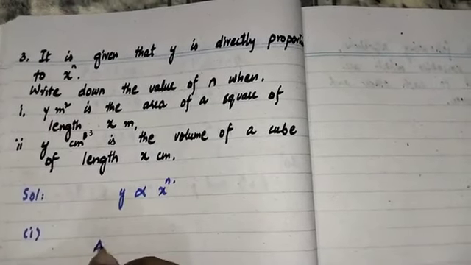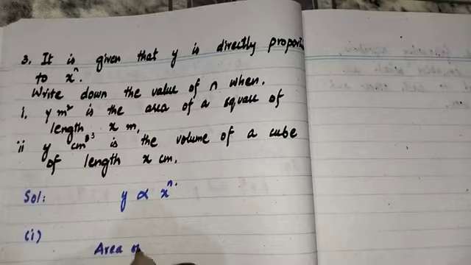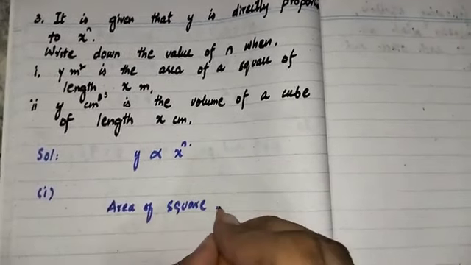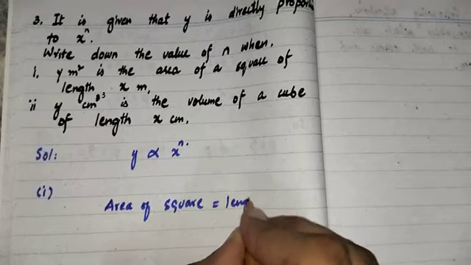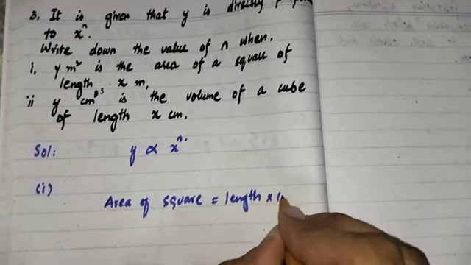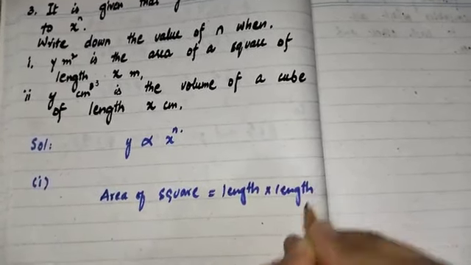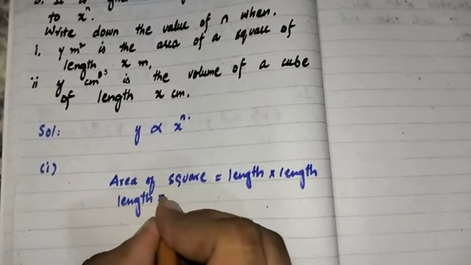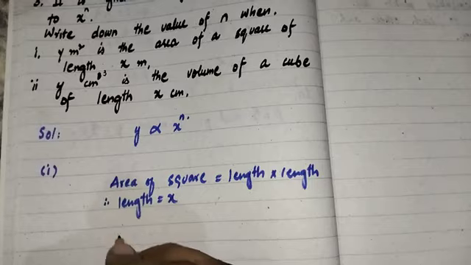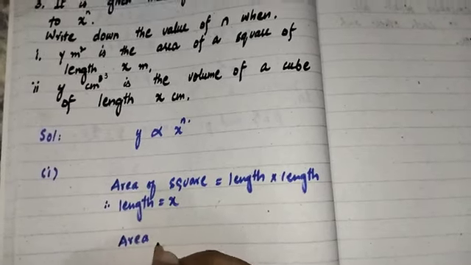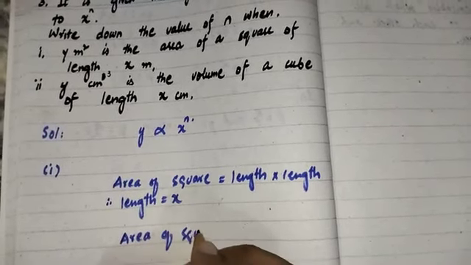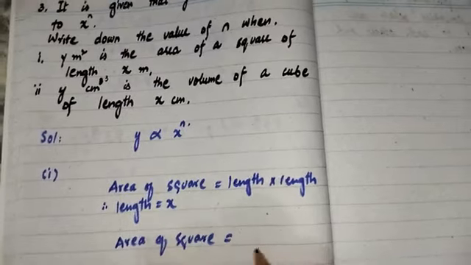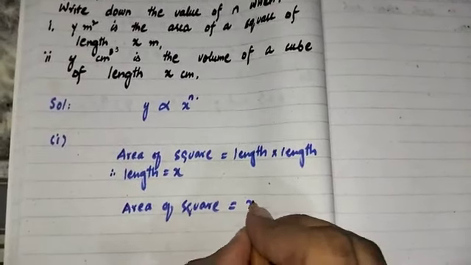As we know, the area of a square is equal to length multiplied by length. As the length is x, the area of the square is equal to x square.